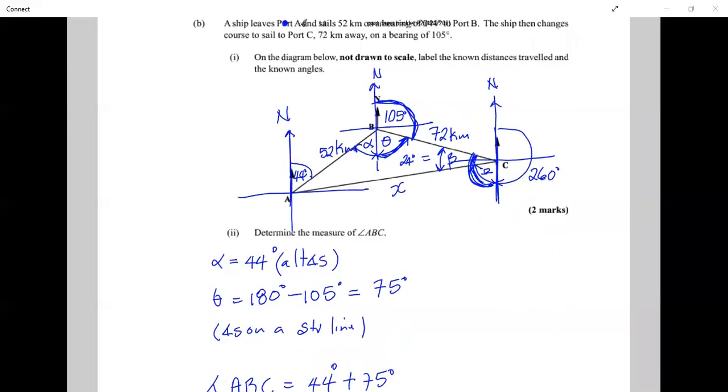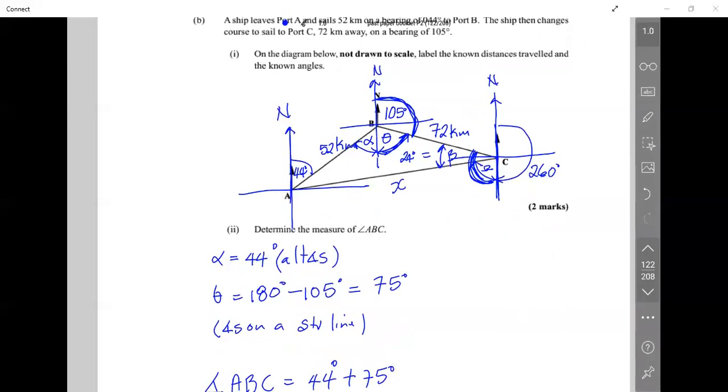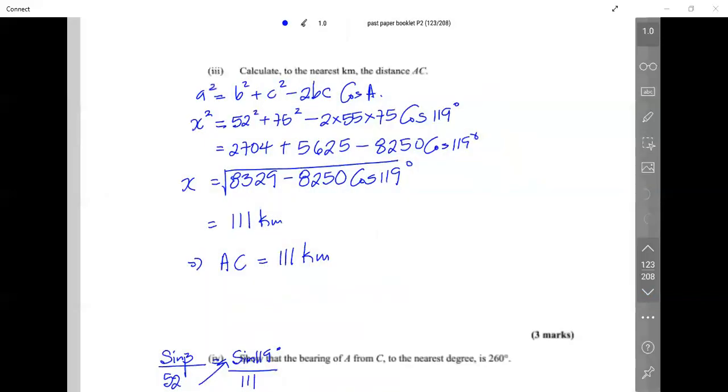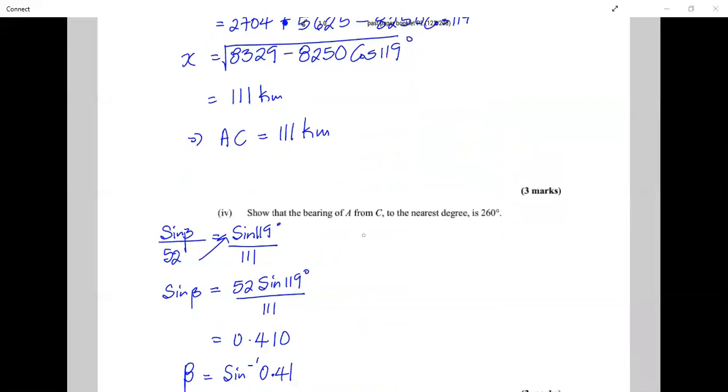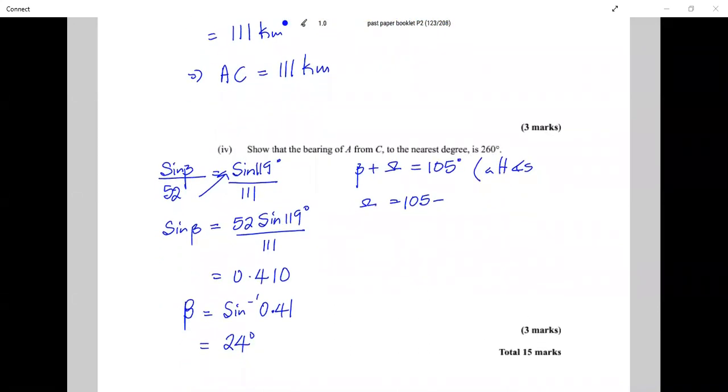So let's approach it from that side. Beta plus gamma is equal to 105 degrees. They're alternate angles. So gamma is equal to 105 minus beta, which is 24 degrees.